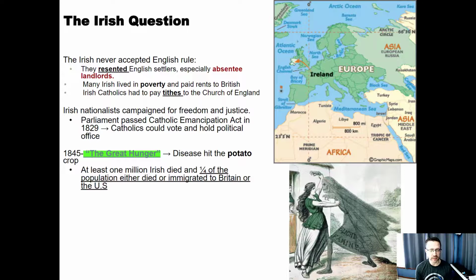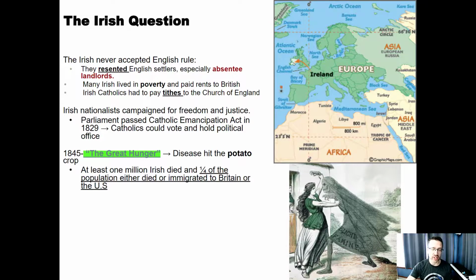Basically, there were literally families dying. I mean, the average Irishman ate like 10, 14 pounds of potatoes every day, and there was famine. So the crop, I can't remember if it was a fungus, but basically most of the potato crop was ruined. It could never be harvested.